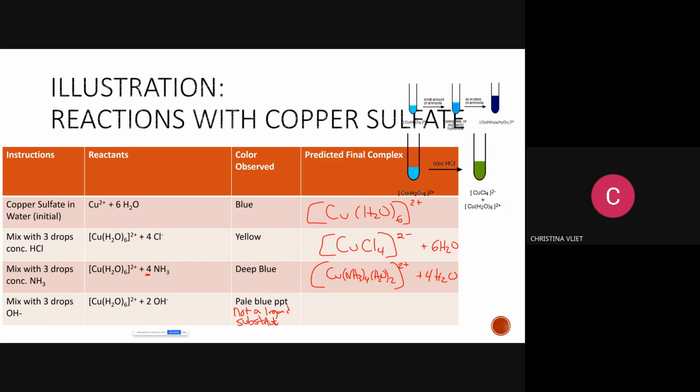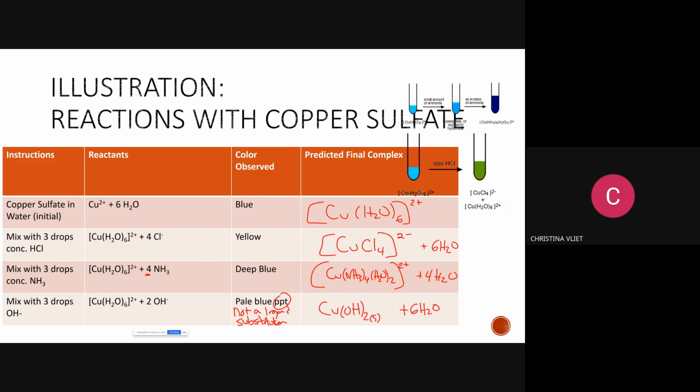You get something instead called a precipitation, meaning that in these other cases, you're not getting a solid, like there's no solid at the bottom, but in this case, you get copper hydroxide, which is a ppt. Just Cu(OH)2 solid. And the waters still get kicked out. But this isn't behaving as a ligand, it's behaving as a regular ionic compound in solid phase. You'll see it when you do the reaction.